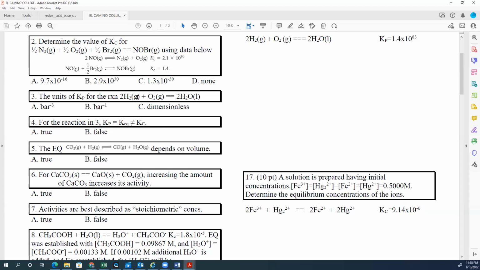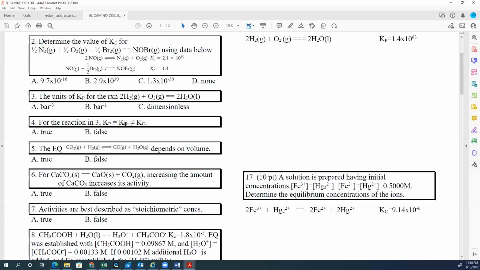KEQ for gases is KP, if they're all gases. In this case, this qualifies as all gases because the water is liquid and liquids don't show up. And KEQ, if these were all aqueous, would be KC. And so KP is equal to KEQ, that's true.